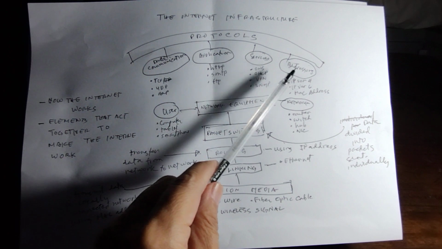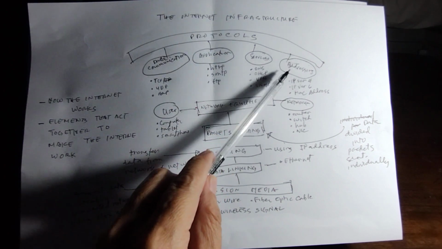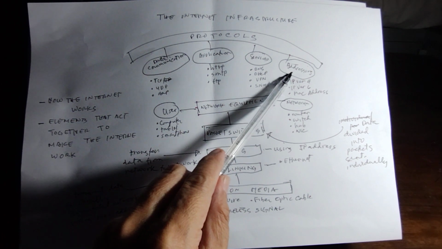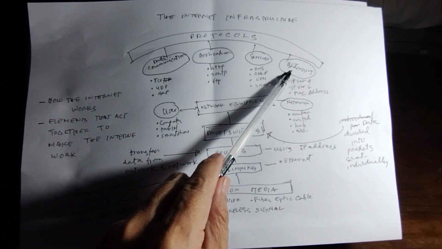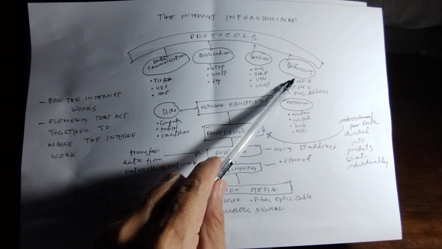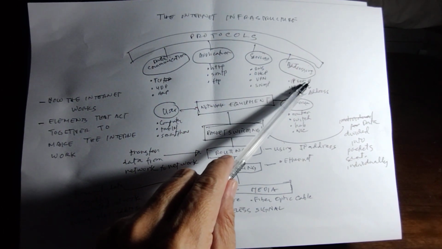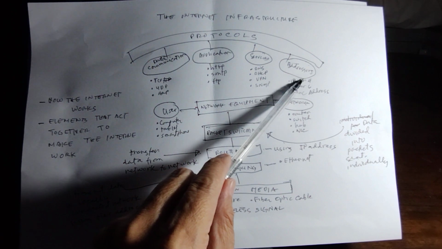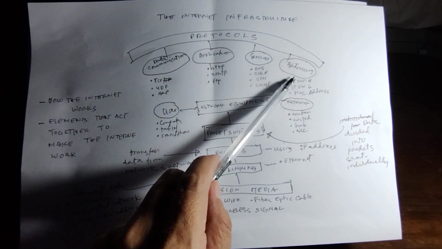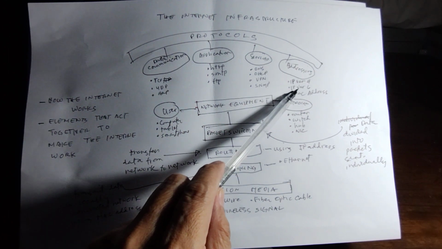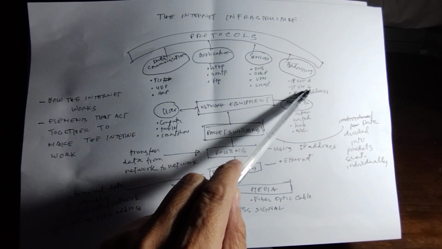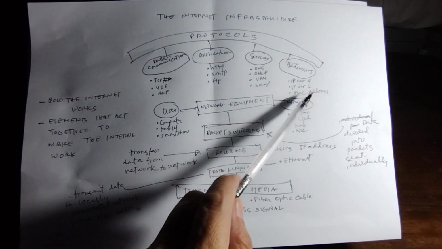And we have addresses because we have to identify each and every device on the internet with a unique address. And so we have addressing protocols like Internet Protocol version 4, which is a 32-bit number, and IP version 6, which is a 128-bit number.